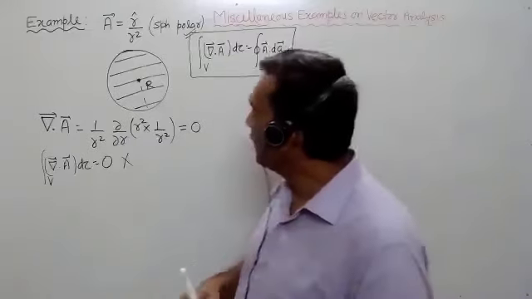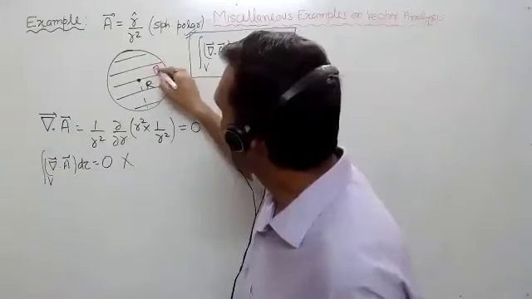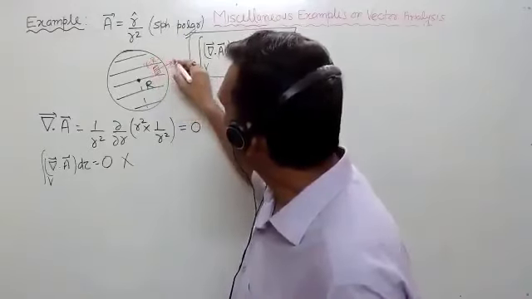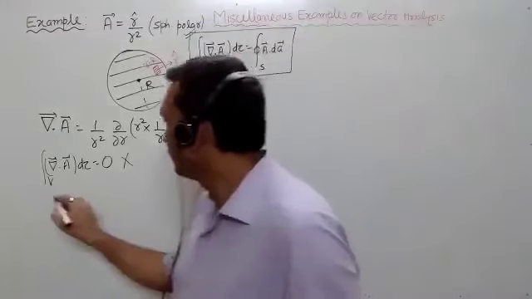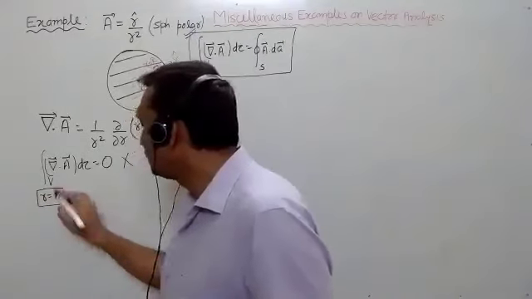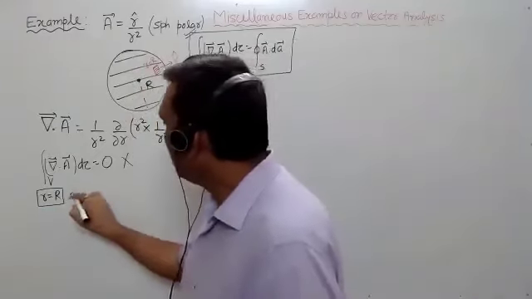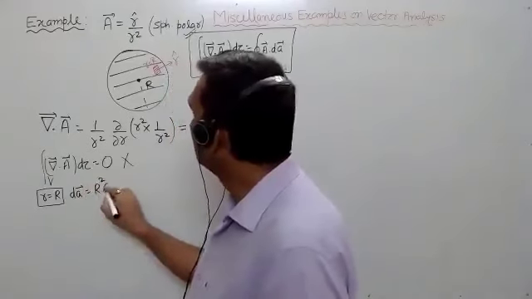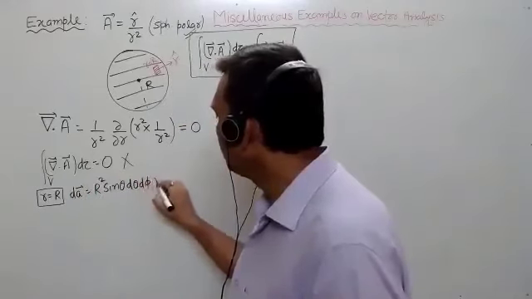So what will be right hand side? A dot dA over this surface. So this is r is equal to capital R, and this direction is r cap. So r is equal to capital R, dA will be r square sin theta d theta d phi r cap.